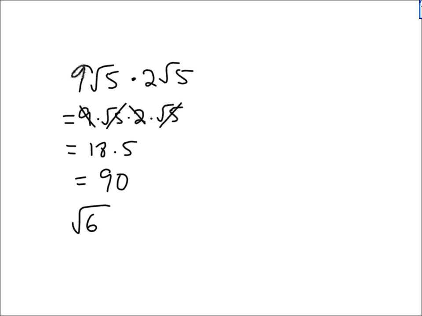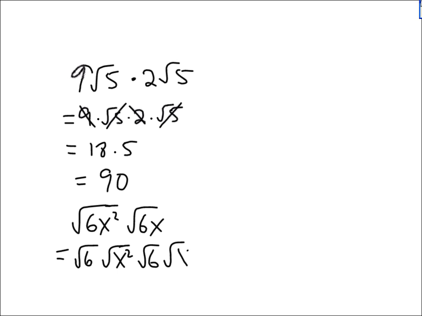You have the square root of 6x squared times the square root of 6x. Well, this is the square root of 6 times the square root of x squared times the square root of 6 times the square root of x. The square root of 6 times the square root of 6 is 6.